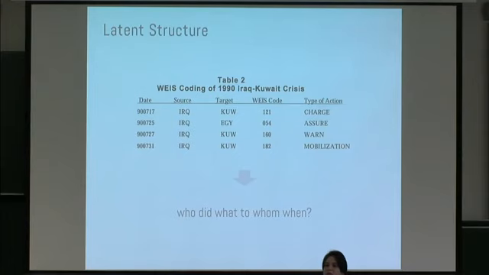And this structure could then be used to address the fundamental question of foreign policy: who did what to whom, when? But here's the thing. Human-curated databases like this are very time-consuming to construct. Therefore, they're generally very small and often specific to particular regions or periods of time.